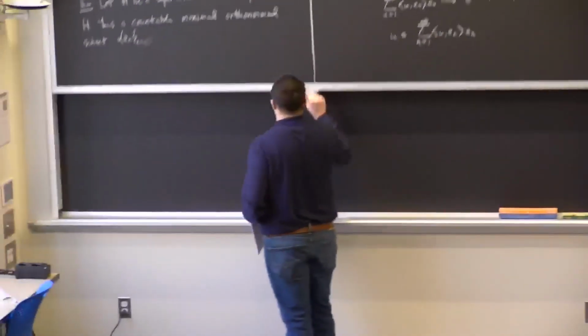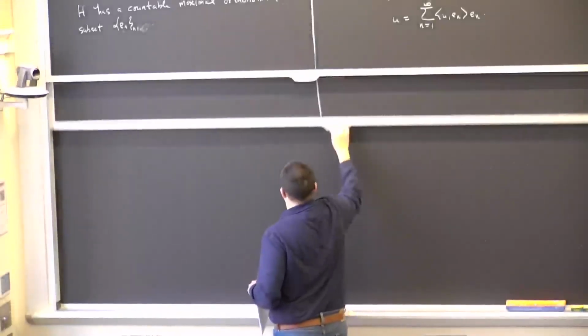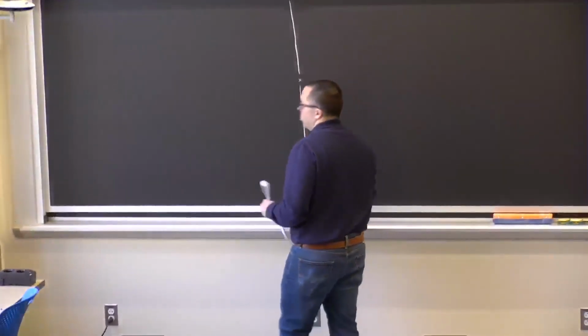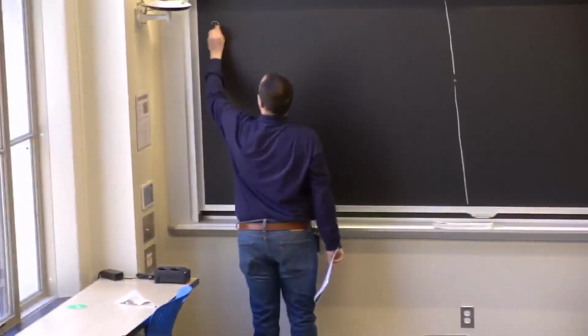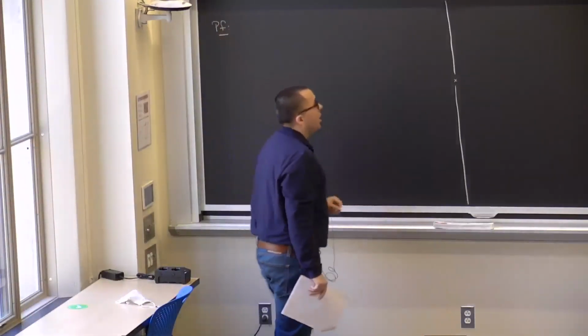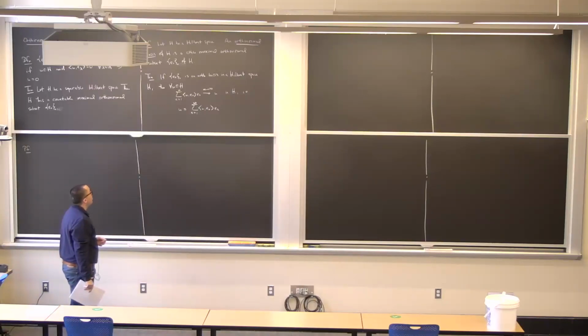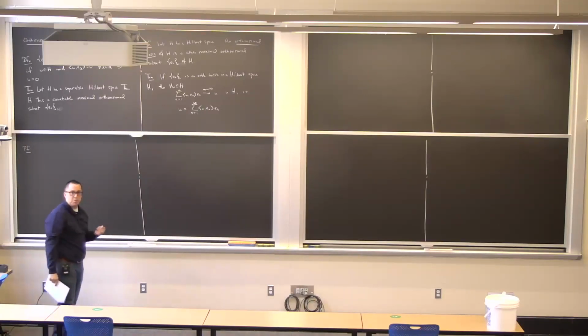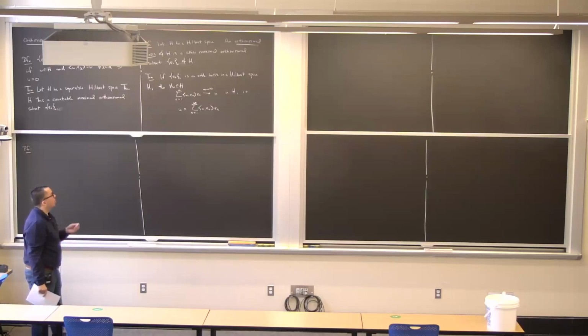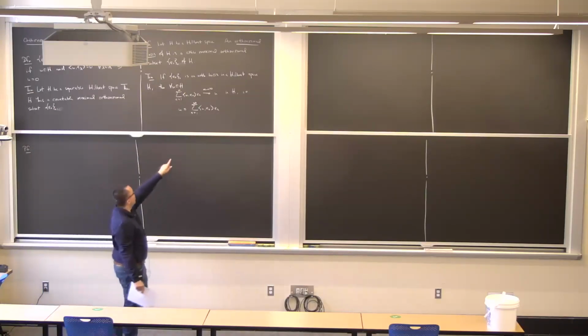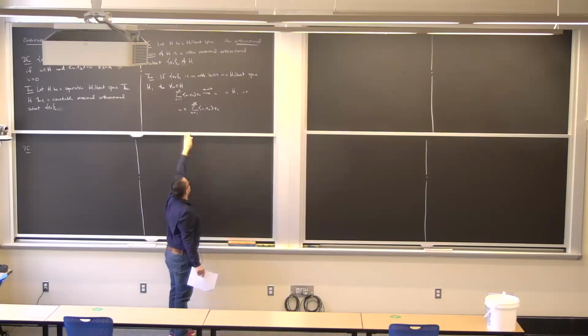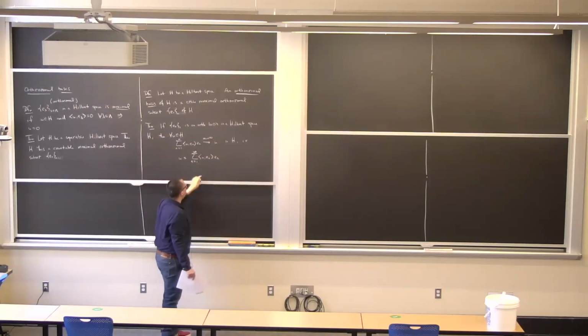To prove this, we will use Bessel's inequality and the completeness of H. This is where we're using the fact that H is not a pre-Hilbert space, but a Hilbert space. We're going to show that this series here converges in H. That uses Bessel's inequality and the fact that H is a Hilbert space, and it converges to some element.